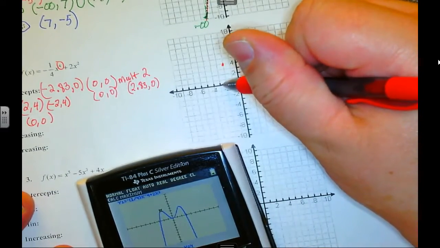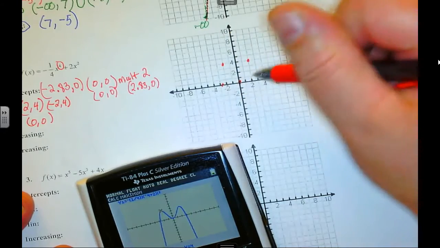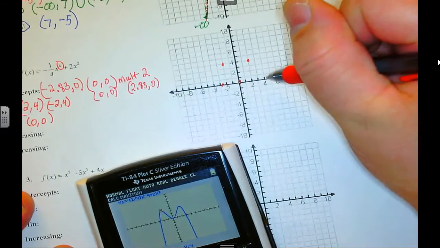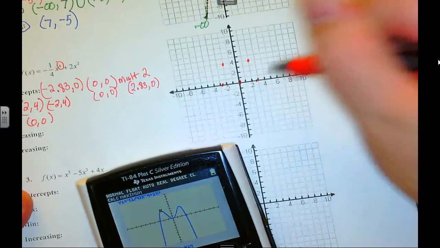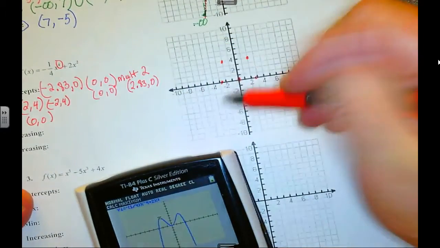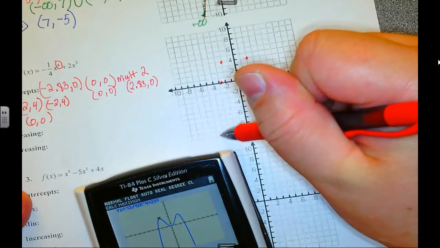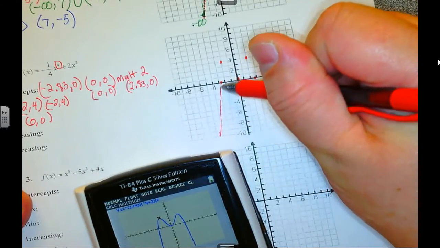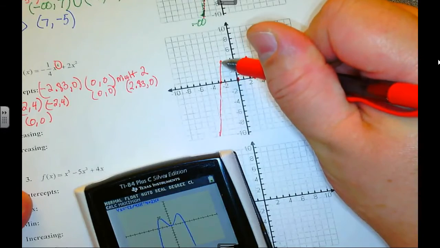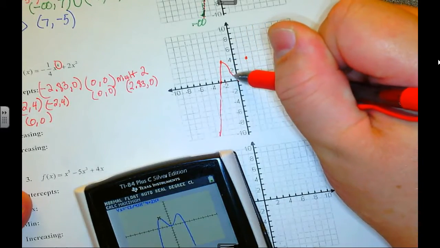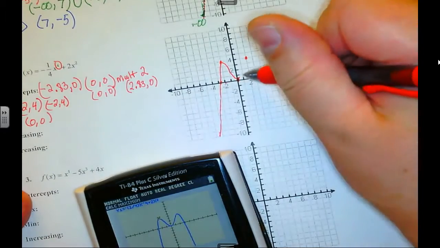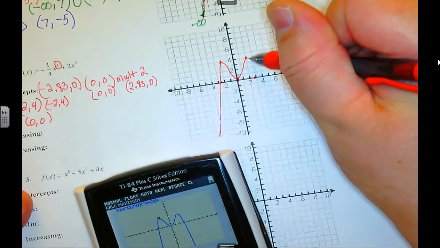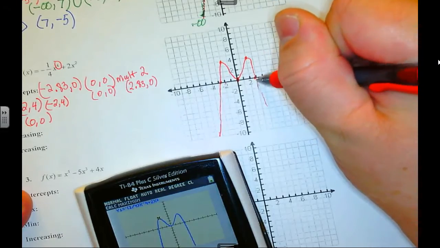Negative 2.8, 0, and 2.8. So, my graph's going to be coming down from negative infinity. Turns, does that bump or bounce because we have a multiplicity of 2. And then it comes off the max and comes back down.